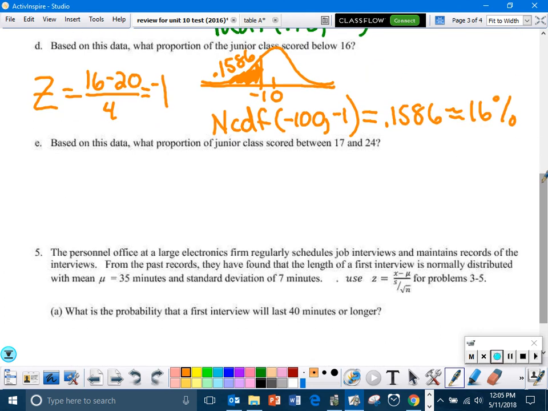The next one, we have 2 z-scores. Do both of them. Oops, that's a 20, not a 24. So the first z-score is -0.75.